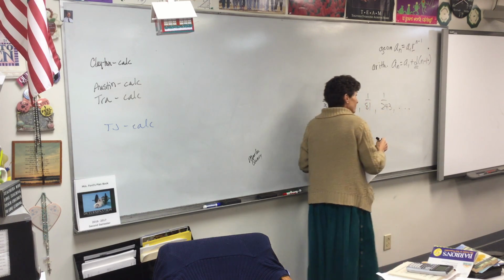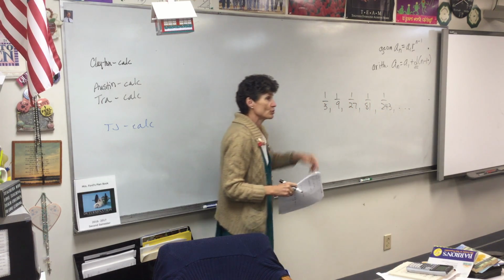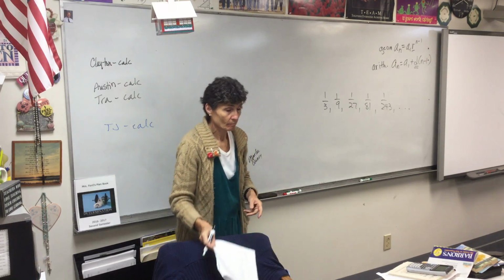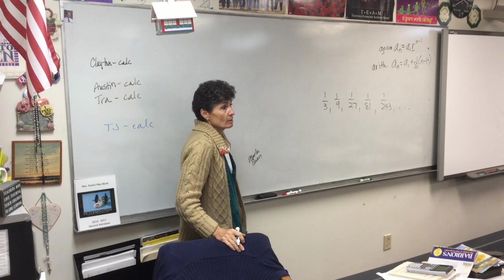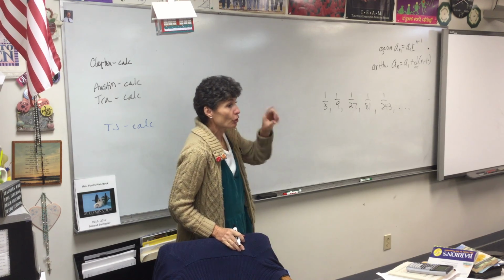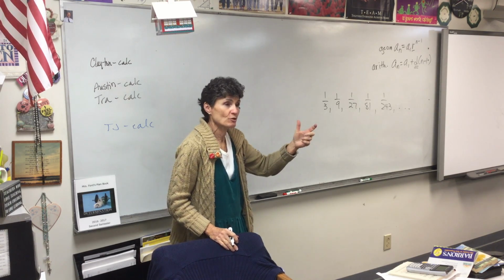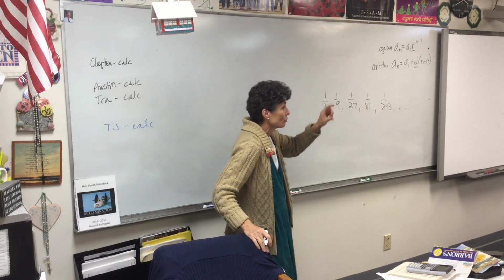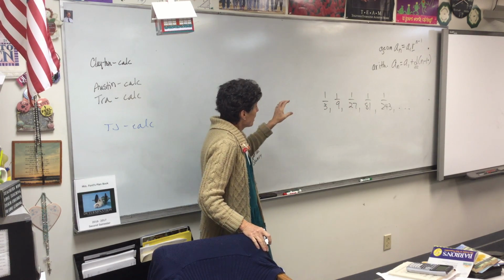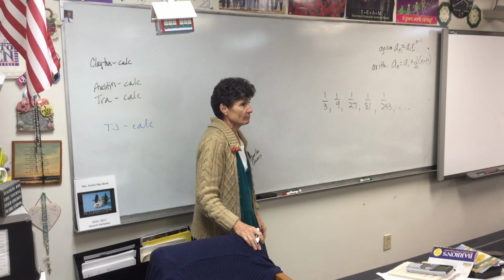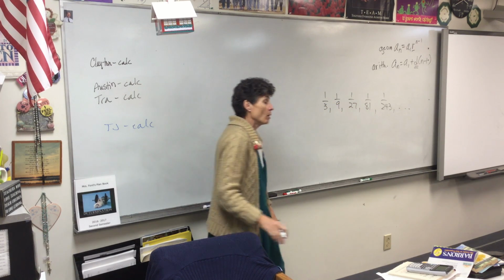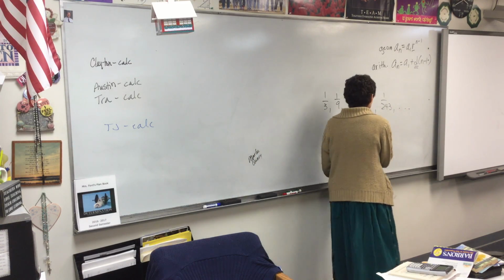Tell me, what are those terms doing? They're decreasing. The terms are getting smaller, right? The denominators are getting bigger, but the terms are getting smaller. If I keep going, will they ever be negative? No. They're just going to get smaller and smaller and smaller.